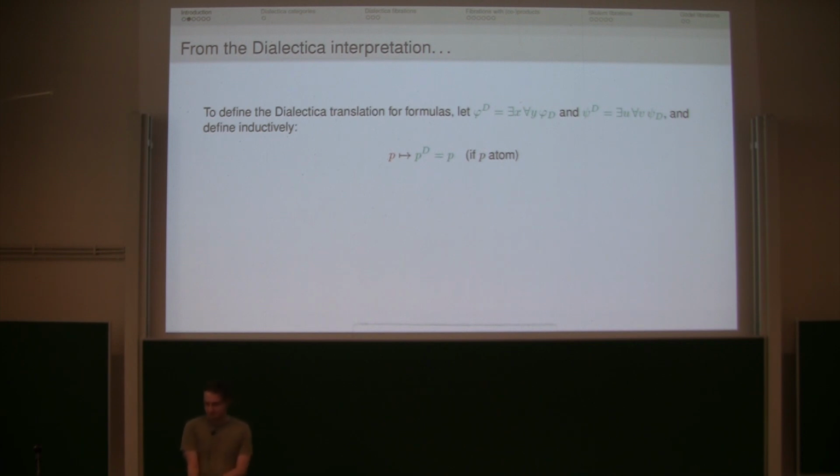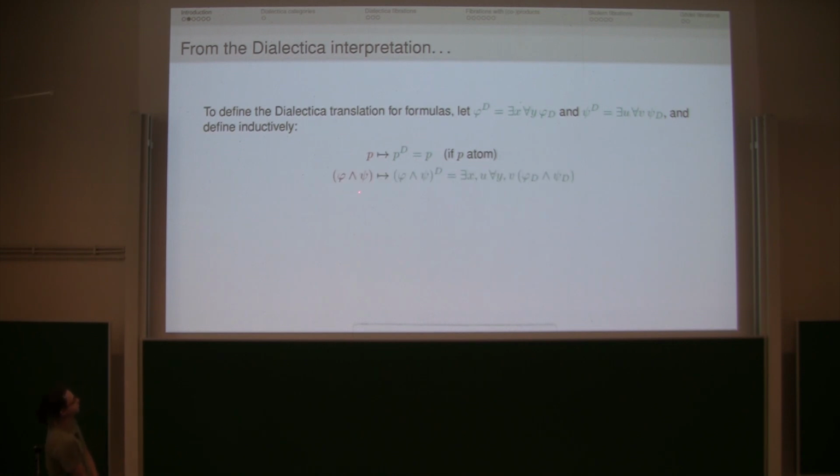What does this translation look like? We don't want to go through all the steps and details right now, but as I said, we're translating formulas phi and psi into this new format with alternating quantifiers. If we're given an atomic formula, the interpretation does nothing.